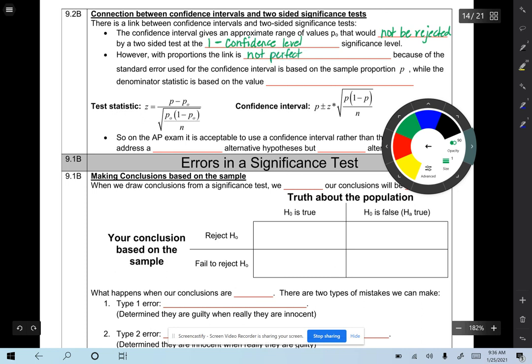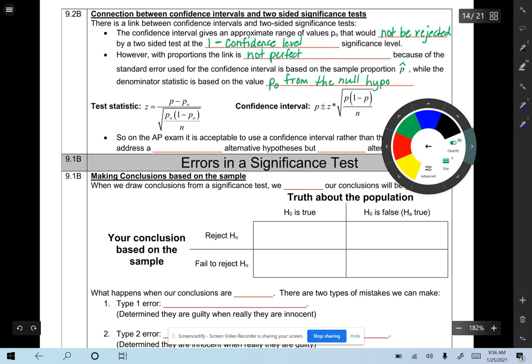Because the standard error used for the confidence interval is based on the sample proportion p hat, while the denominator of the test statistic is based on the value p0 from the null hypothesis. But it's close enough.